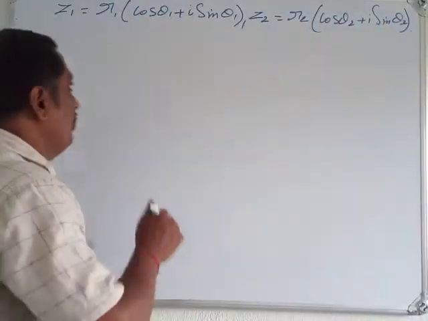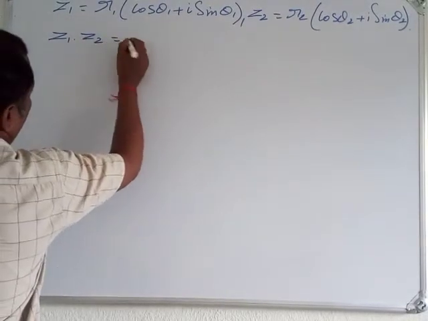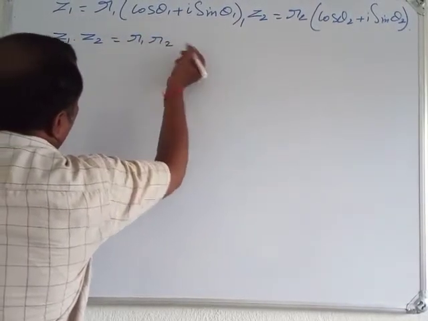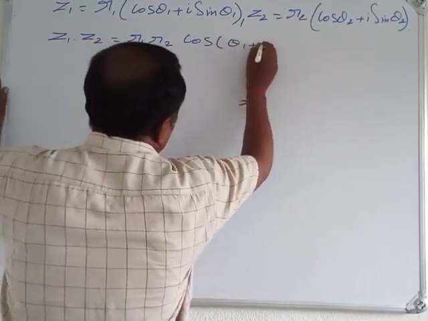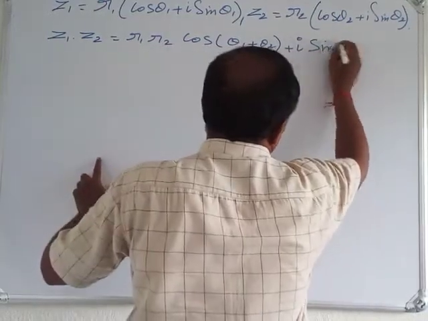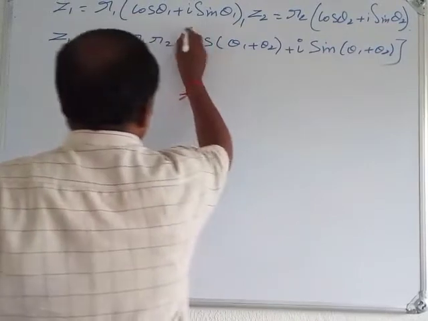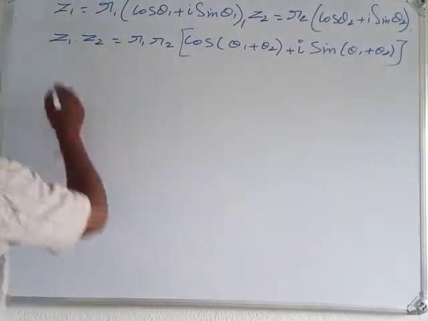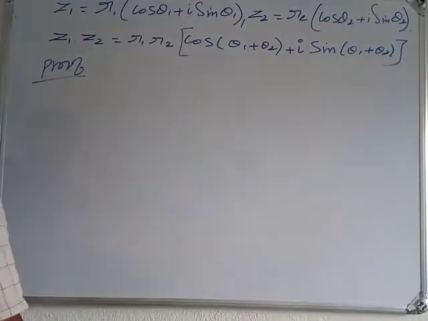You have to prove z1 into z2 is equal to r1 r2 into cos of theta 1 plus theta 2 plus i sin of theta 1 plus theta 2. You have to prove this one. How to prove this one?